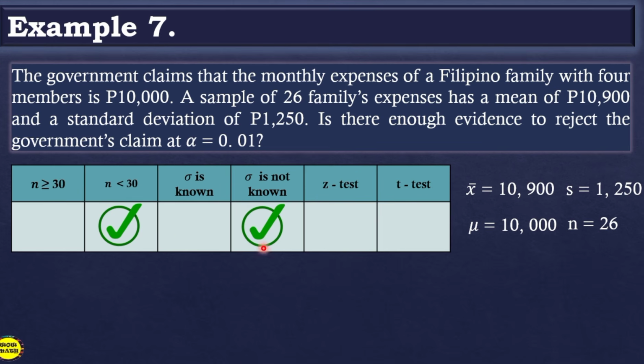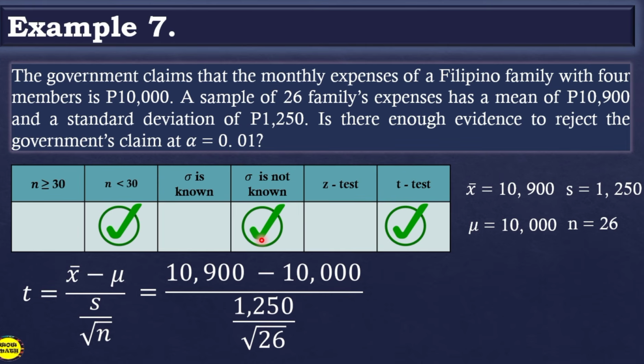So, dito natin ilagay. So, kapag ganito, kagaya rin ng example number 6, anong test ang gagamitin natin? That is t-test. So, using the formula, substitute lang natin. 10,900 minus 10,000 divided by 1,250 over square root of 26. So, the computed t-value is 3.671.